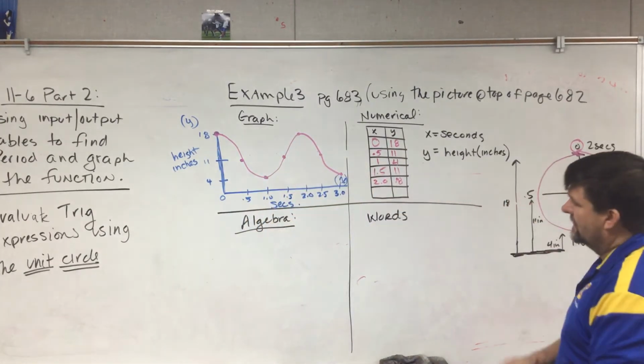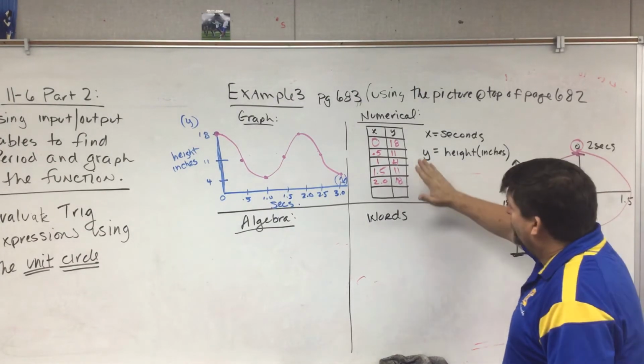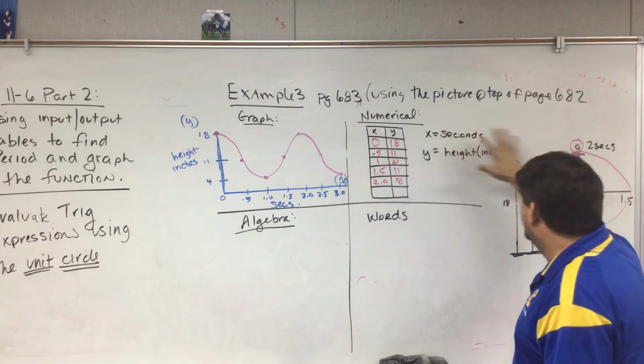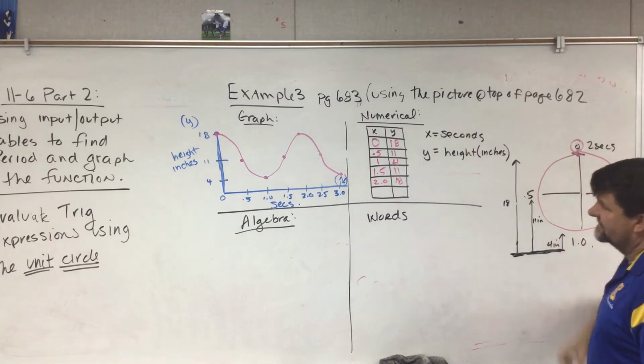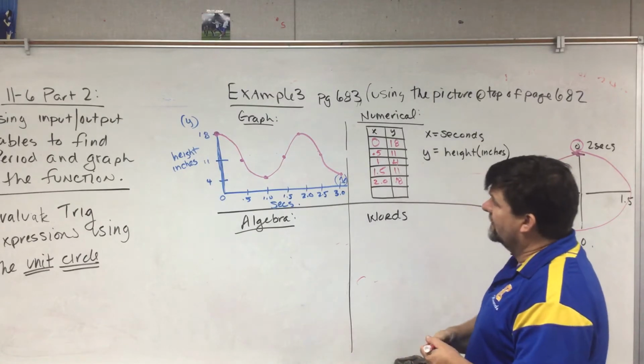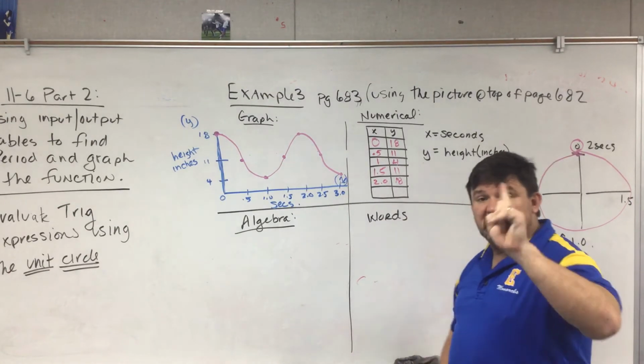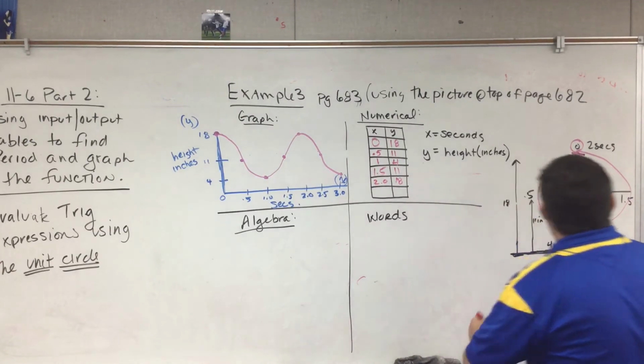Okay, now, remember the period, so we've graphed it. We've created the input-output table based on the height in seconds. We've graphed it. Now what we want to do is find the period to complete one cycle. So what does it do to complete one cycle?